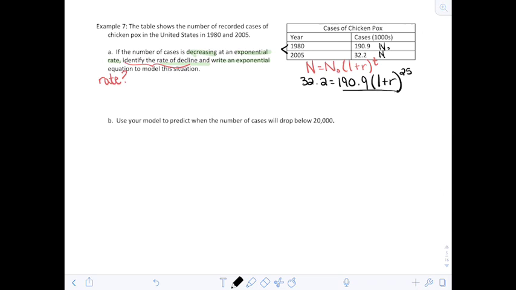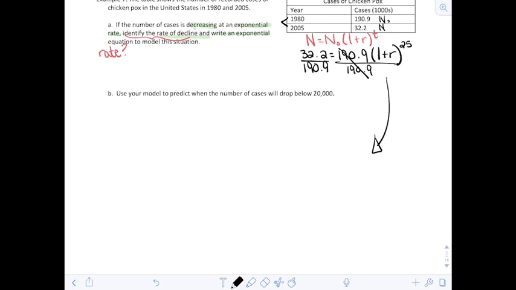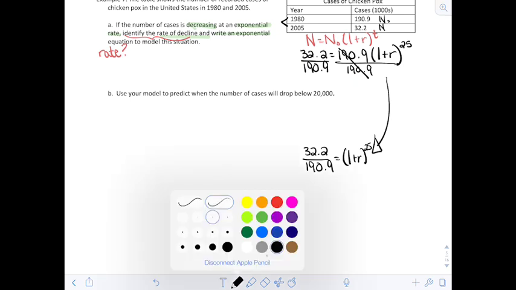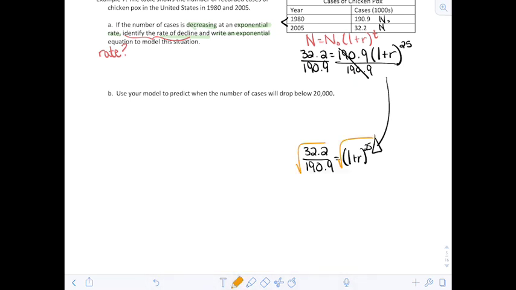We're going to begin by dividing both sides by 190.9. I don't want to go to my calculator too soon and lose accuracy, so I'm going to leave it at that. I'm going to carry my work down here. So now I have 32.2 divided by 190.9, and that's equal to 1 plus r to the 25th. So if I want to get to r, I am going to have to take the 25th root of both sides.